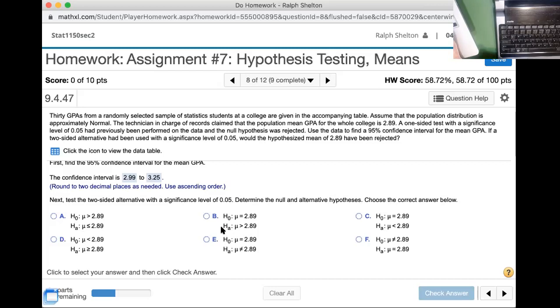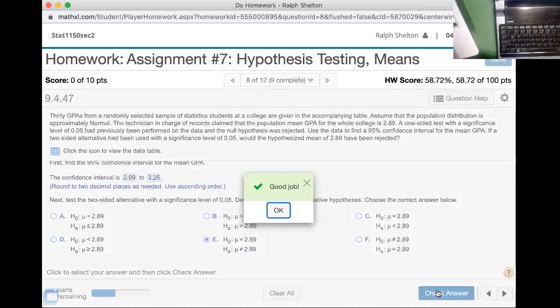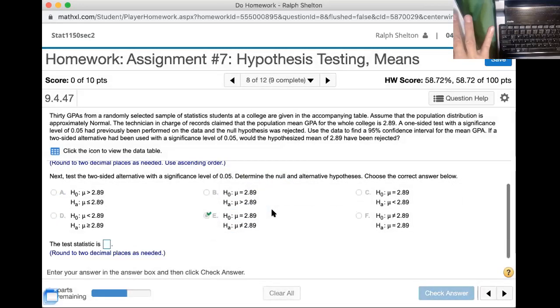So our answer here is going to be E, because we've got the null mu equal to 2.89, and the two-sided alternative HA is that mu is not equal to 2.89. A one-sided alternative would either say mu is greater than 2.89, or mu is less than 2.89. But a two-sided alternative says mu is not equal to it. So that'll be the right answer. We'll move on. It likes it.